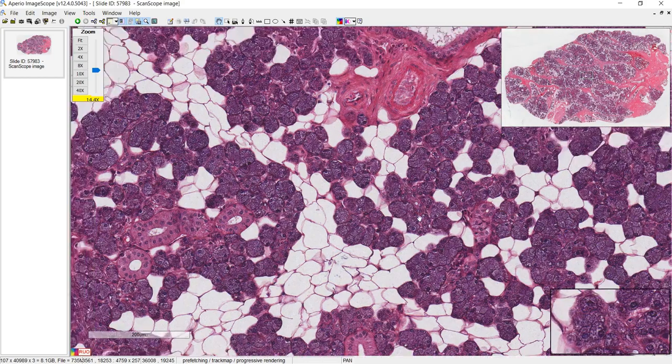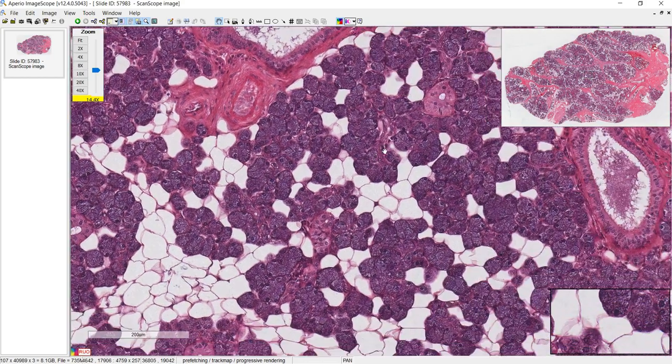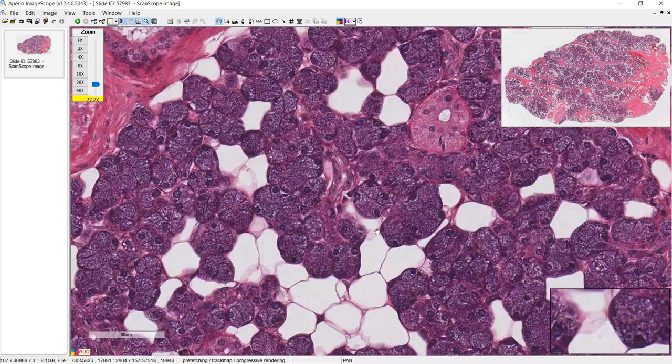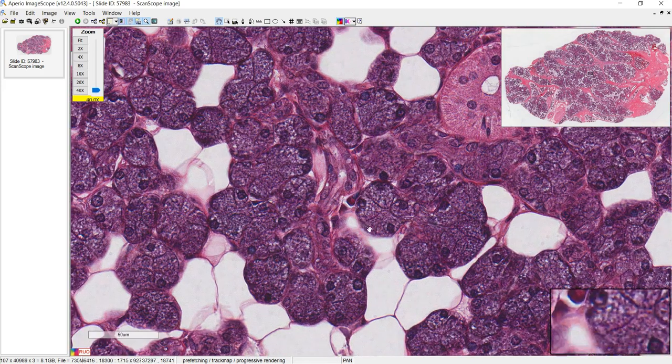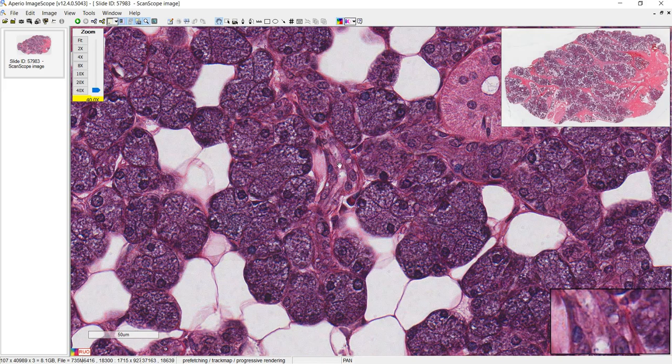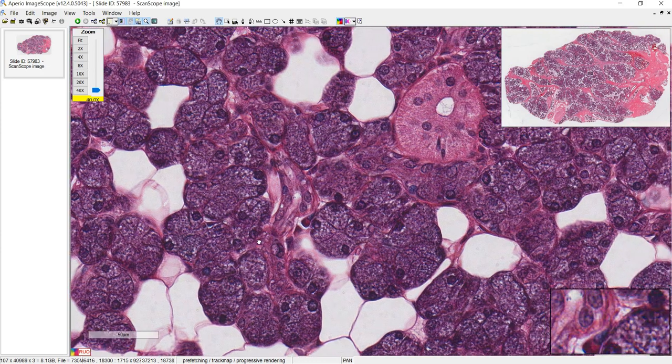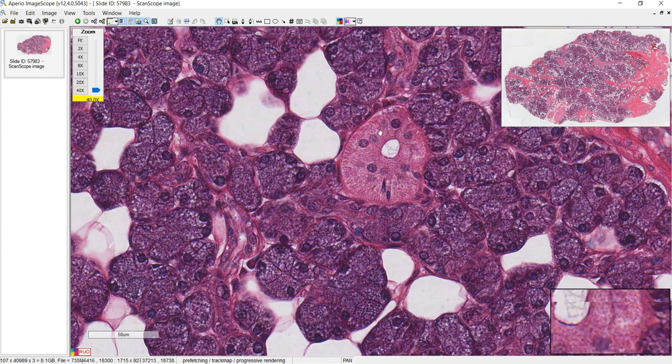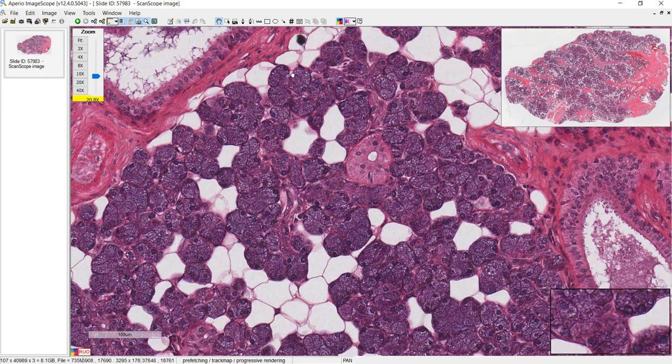I see another one here. Oh, here we go. Here's one of your serous acini. Here's your intercalated duct. Here's the lumen. Here's a cuboidal cell. See how that looks very different from a striated duct.